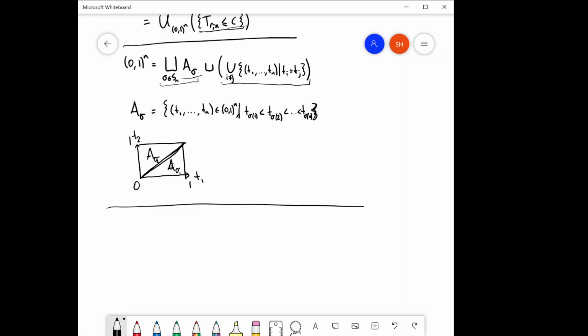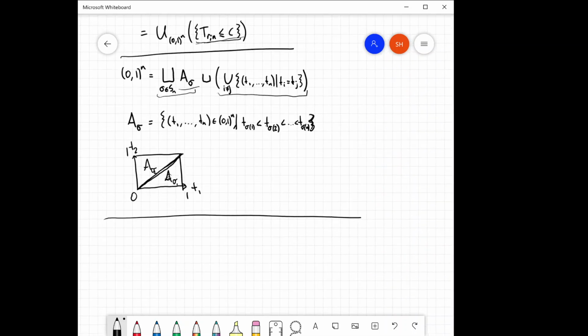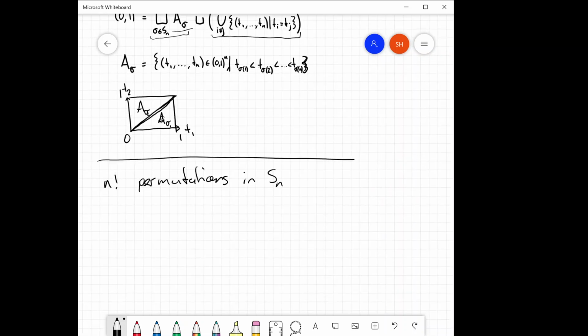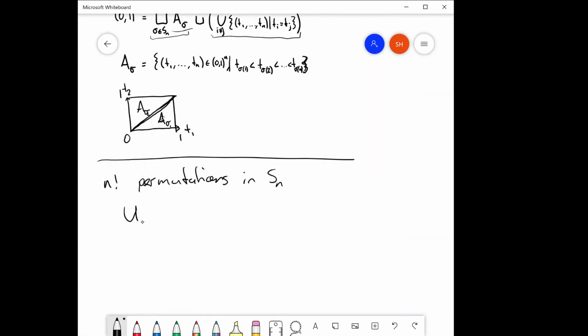Okay. Well, for one thing to note, before we continue, is that there are n factorial permutations in Sn, and the uniform distribution on 0, 1 to the n of each A sigma is independent of sigma.